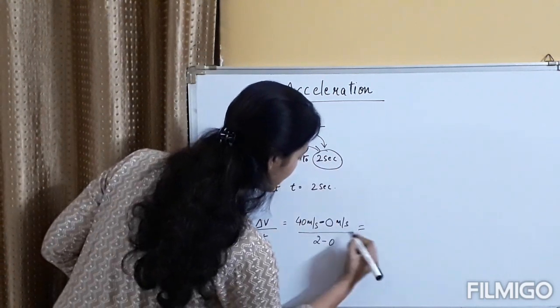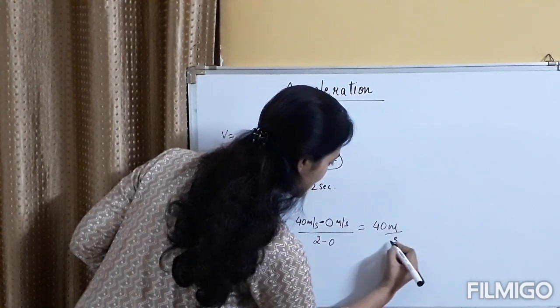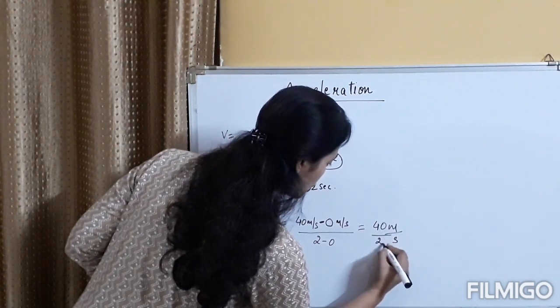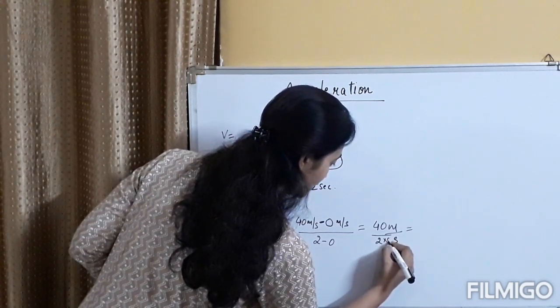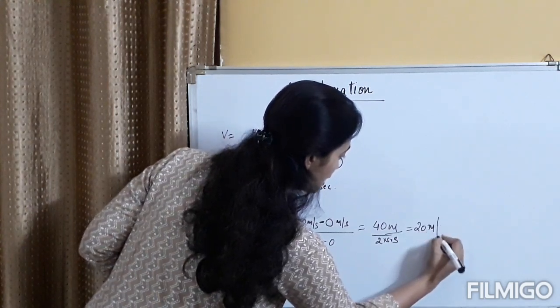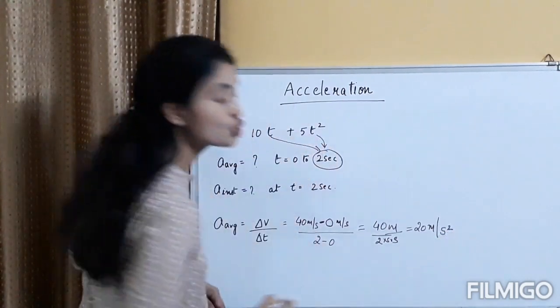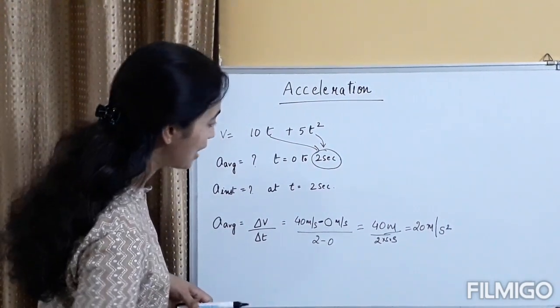So average acceleration is 40 meters per second upon 2 seconds. This gives me 20 meters per second square, which is the average value of acceleration.